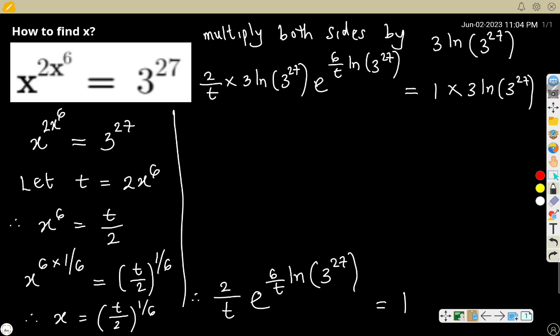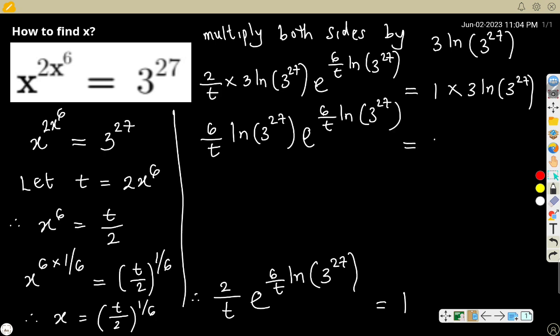So the next thing now is 2 times 3, it will be 6. So what I'll have here is 6 over t ln 3 raised to power 27 e raised to power 6 over t ln 3 raised to power 27 is equal to 3 ln 3 raised to power 27.